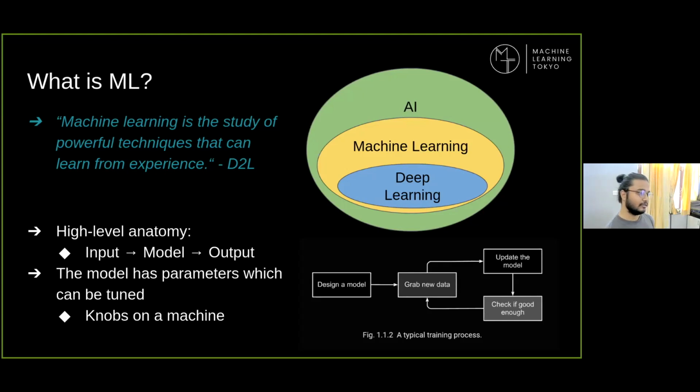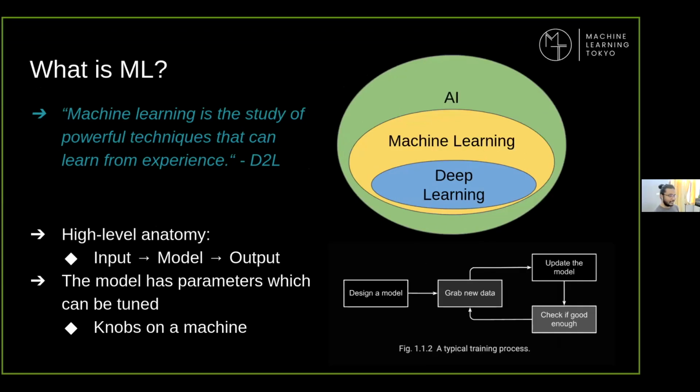The higher level anatomy of a machine learning model or an algorithm is input, model, and output. So we give some input to the model, and we expect some output out. And there are some knobs that our model essentially tunes in order to get the best possible output that we could hope for.